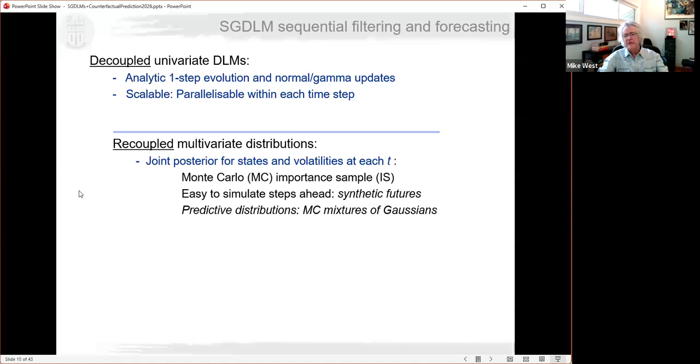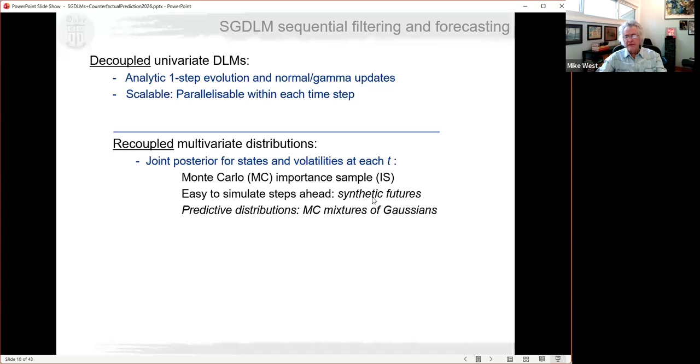But then taking care of the simultaneity, that's where simple Monte Carlo comes into play. We can use the theoretical models on the univariate series separately as distributions to sample from and evolve in the future through direct forward simulation, and then use importance sampling to make the corrections, giving those samples weights so they're not quite equally weighted, to reflect the fact that we have this simultaneous set of connections.